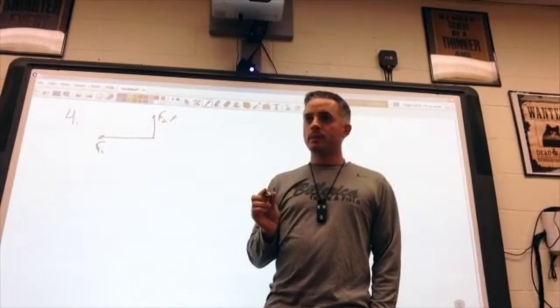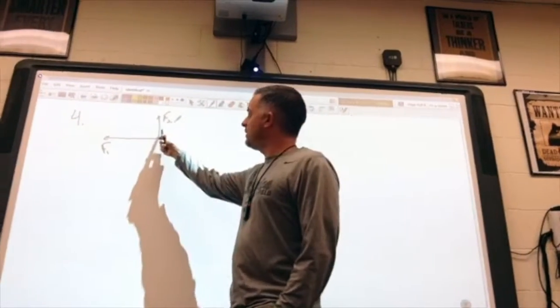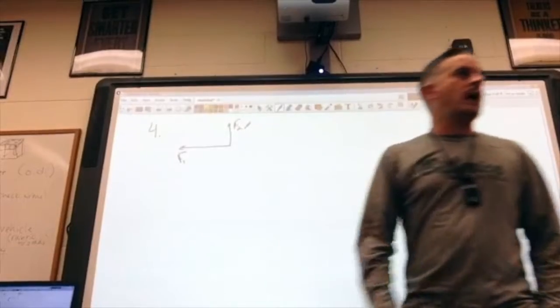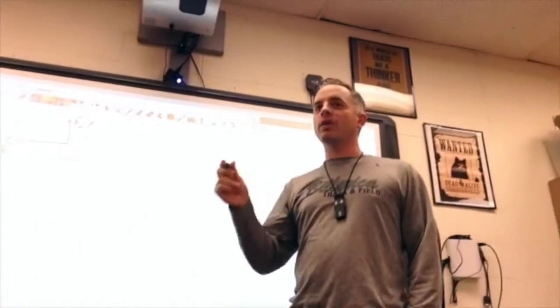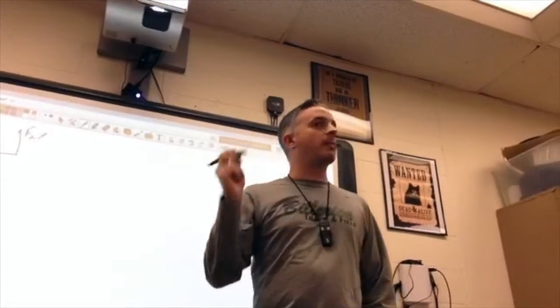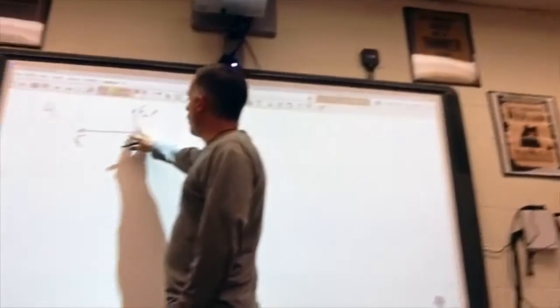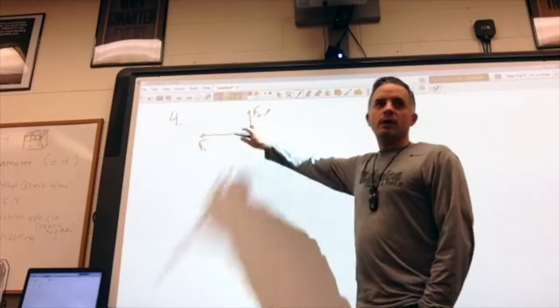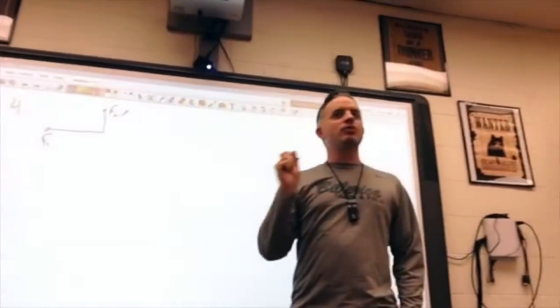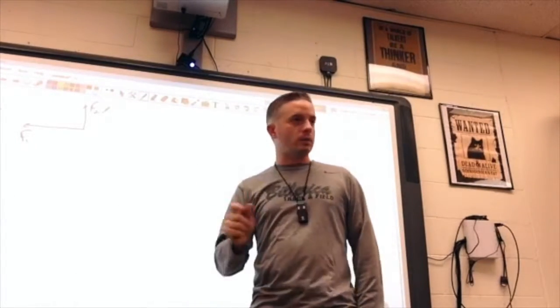Are we good with that? Because if I know what effect these two have, I can create a third force that balances them out. So that's my game plan, to find out what effect these two have so that then I can create the third one to balance it out.